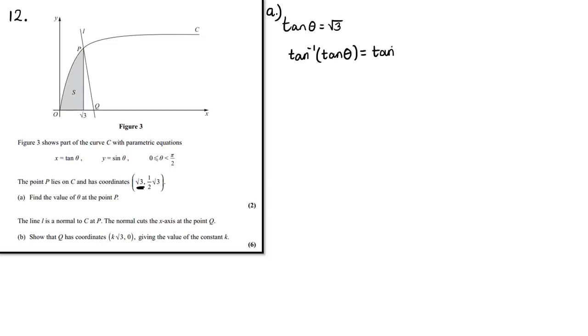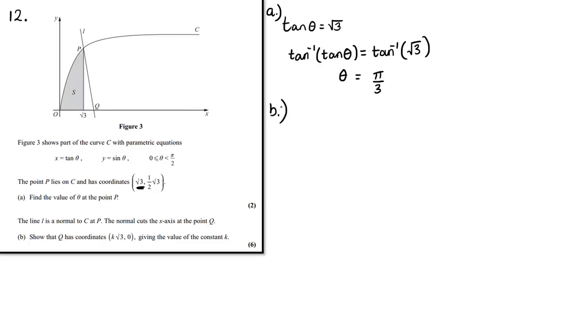So tan inverse of root 3. Well, tan inverse of tan theta just gives us theta. And tan inverse of root 3 gives us pi over 3. And make sure you're in radians here. Notice theta is between 0 and pi over 2, so make sure your calculator is in radians. Okay, so that gives us the solution there to part A, giving us the value of theta being pi over 3. So that's part A done.